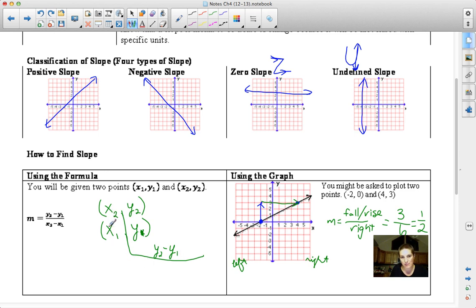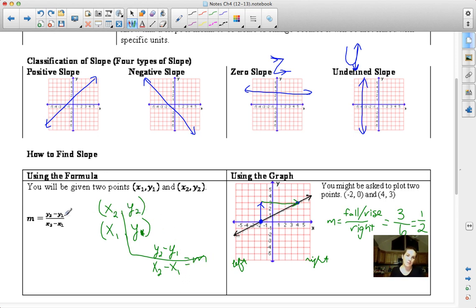And the bottom of the slide says x sub 2 minus x sub 1. And that is still equal to slope, m.